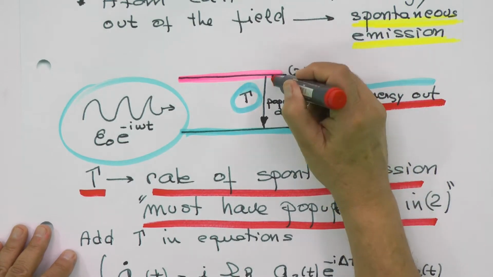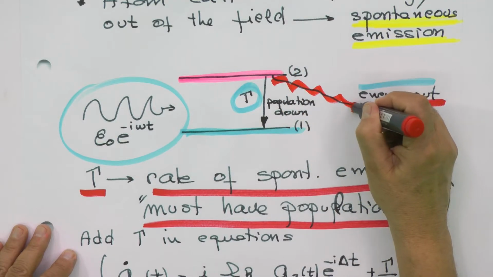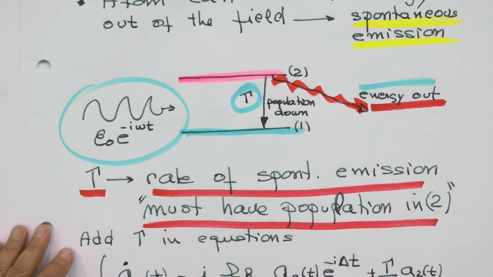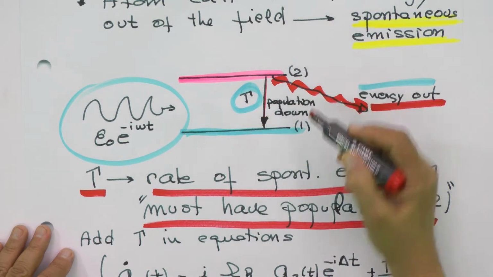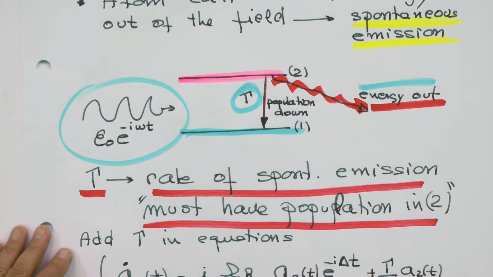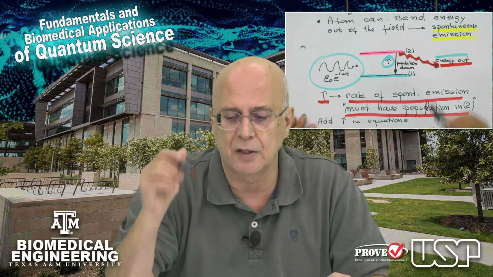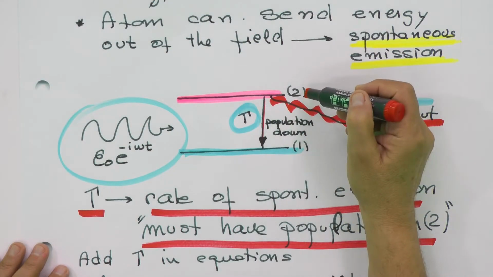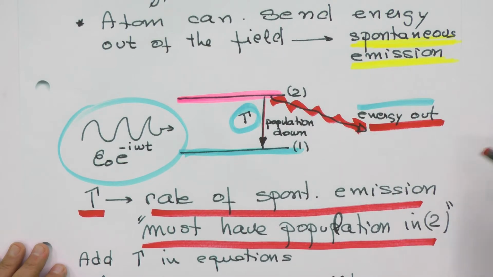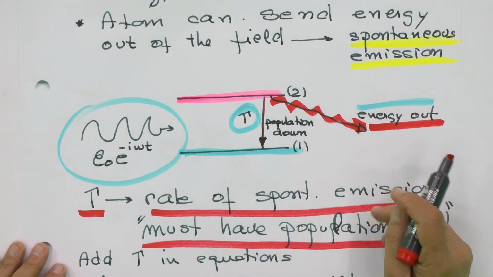So here I show to you that the spontaneous emission brings energy out of the system, but not population. The population will come down and will come to level 1. So then you can see what happens before putting the equations. The spontaneous emission decreases with time the population of level 2 because it takes energy out and increases the population of level 1.